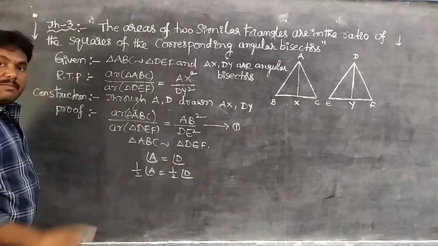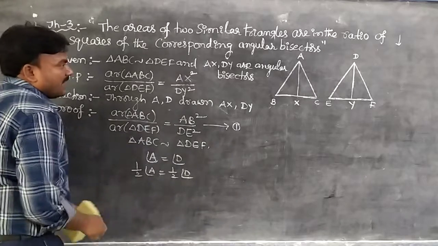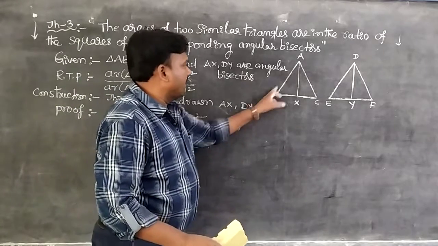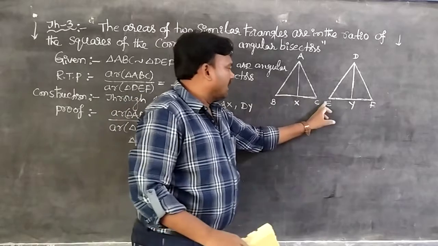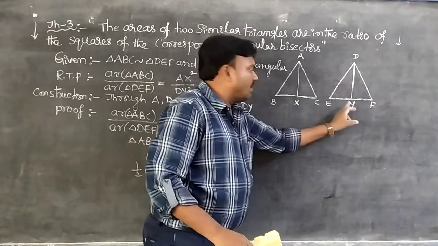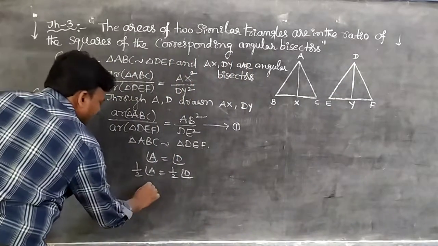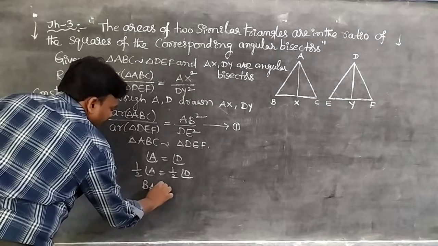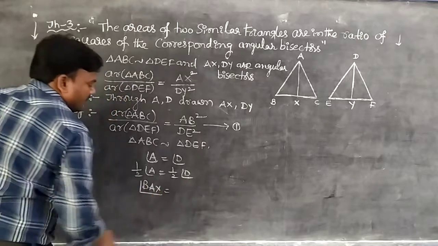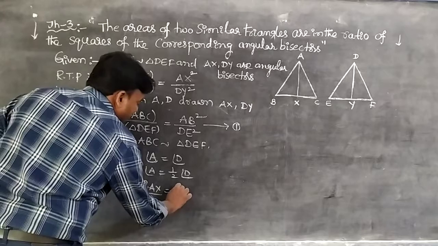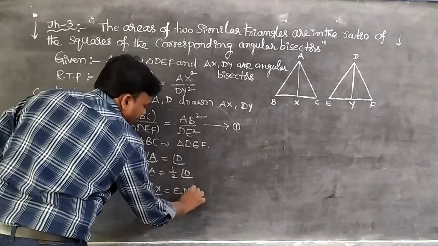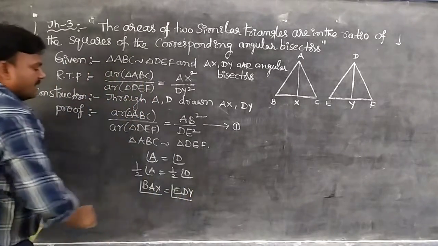Is it clear, all of you? By Euclid's axiom, half angle A means we have taken angle BAX equal to angle EDY. Angle BAX equals angle EDY. Right.